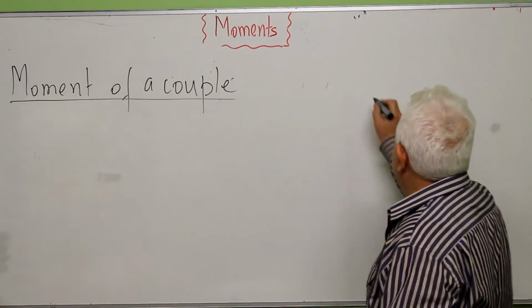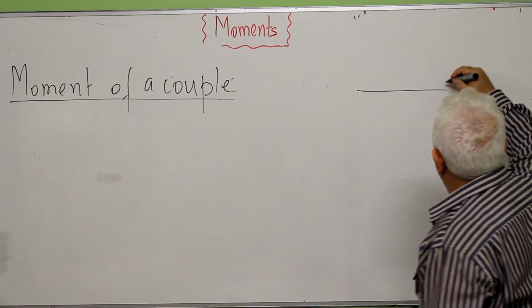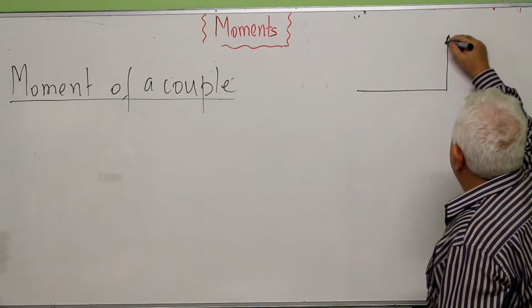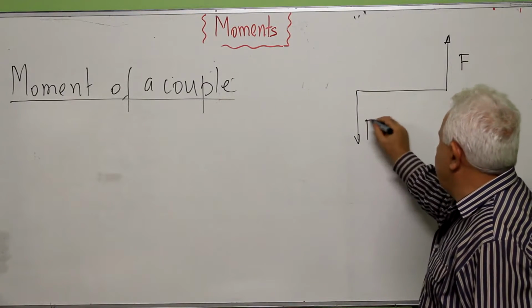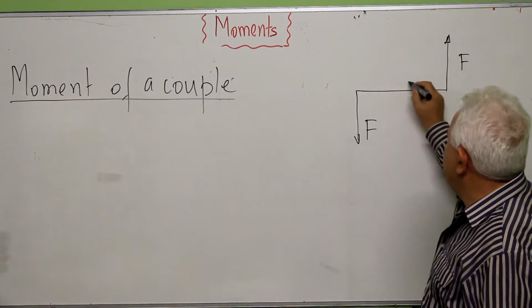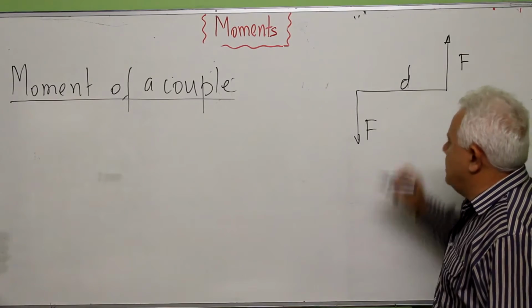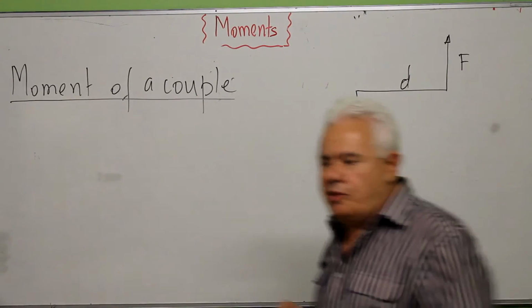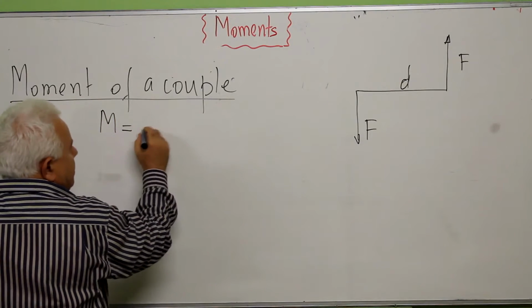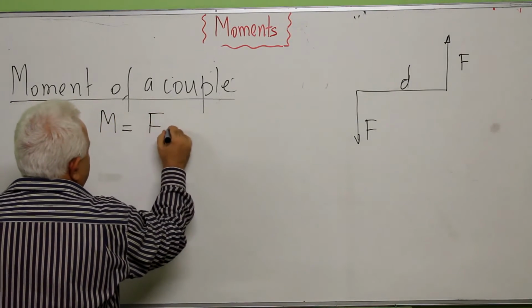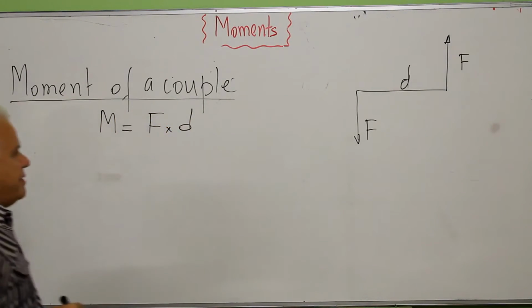Simple stuff. We have two forces equal in magnitude, F and F, separated by a distance d. In this case, we define the moment of a couple M as F times d, as we have seen before.